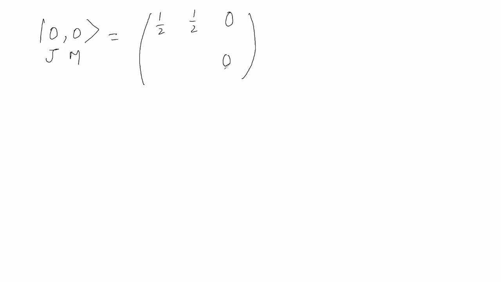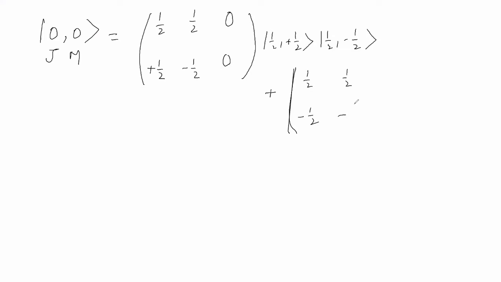Now M can only be 0 when this is plus half and this is minus half. And next time this is minus half, this is plus half, 0, 0.